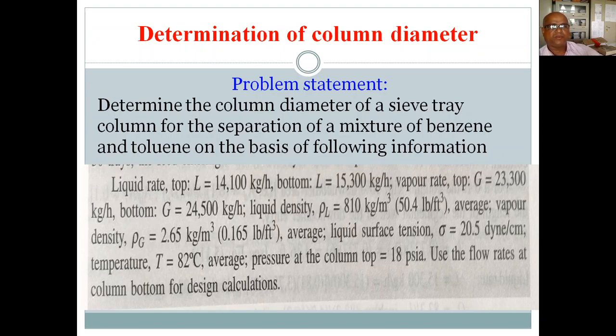It is almost fixed according to this tabulation. And we have seen for 1 meter column diameter, tray spacing is generally 1 feet, and for around 10 meter it is 3 feet.